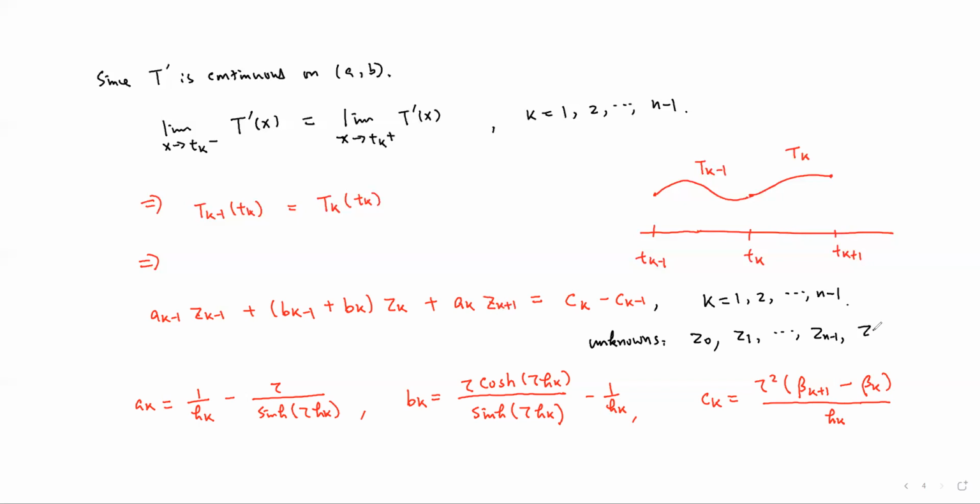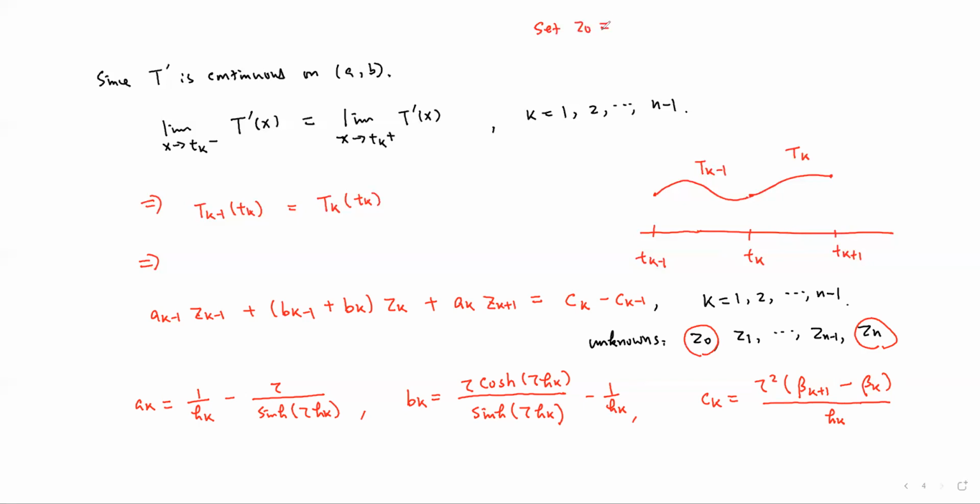So Cn unknown. N minus 1 equations, n plus 1 unknowns. We have 2 freedoms. We can freely assign values to, say, C0 and Cn.